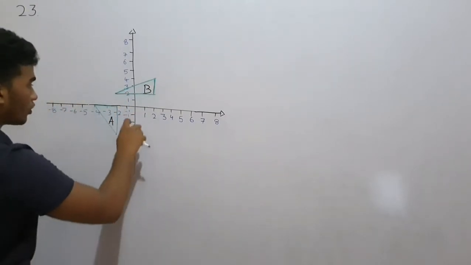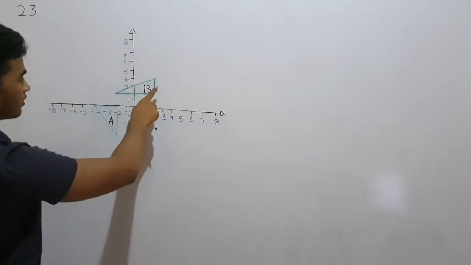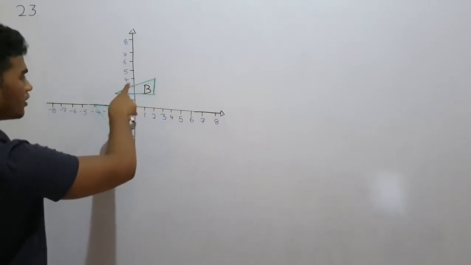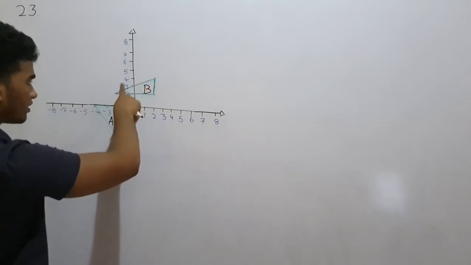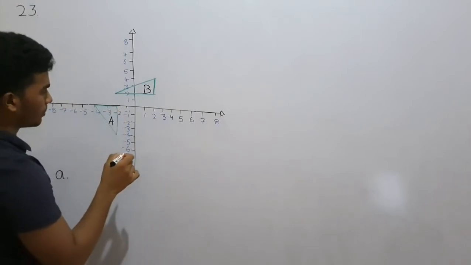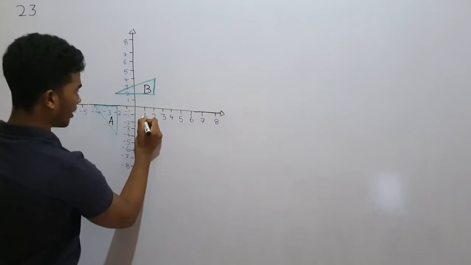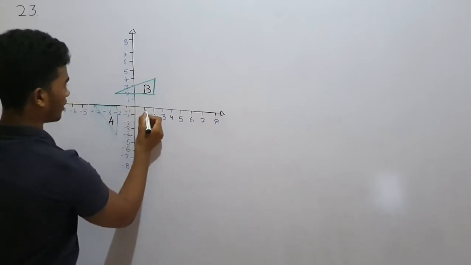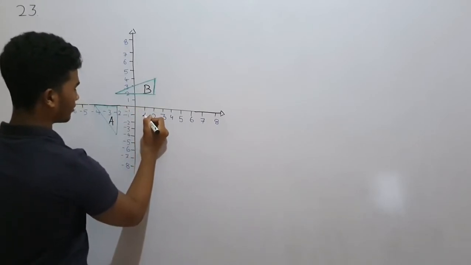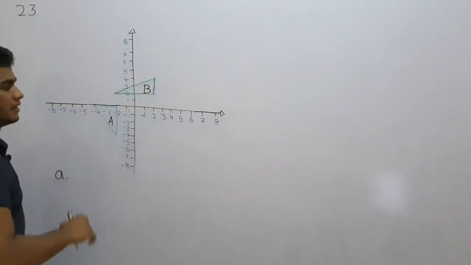The rotation is clockwise and 90 degrees. If you use the compass or count, you can get the point, which is 1, minus 1. From this point, 1, minus 1, a rotation has occurred clockwise for 90 degrees.